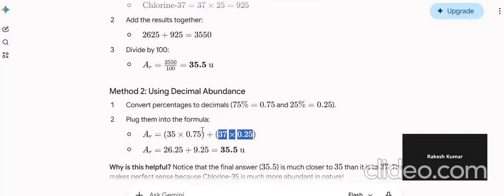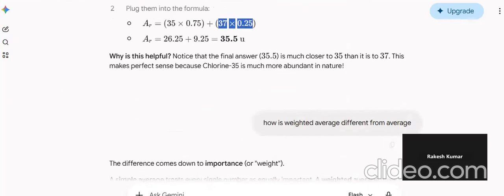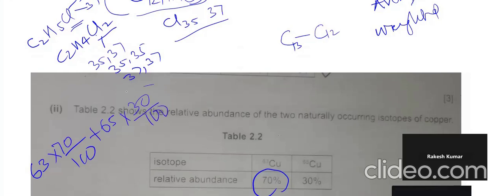Some people use decimals, some people use percentage, that means 75 over 100, but they are the same thing. So here we'll do the same thing: 63 into its percentage abundance plus 65 into its percentage abundance, and whatever we get, we will put on the periodic table.